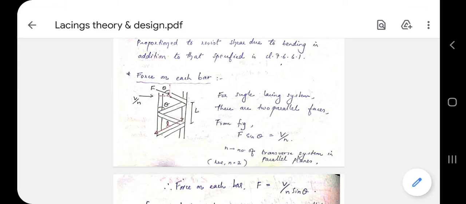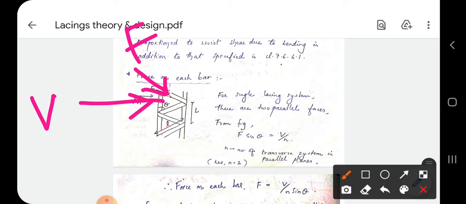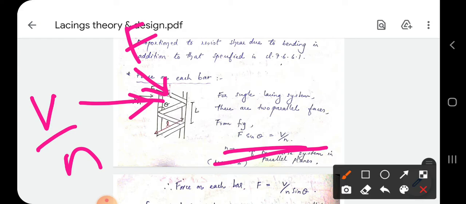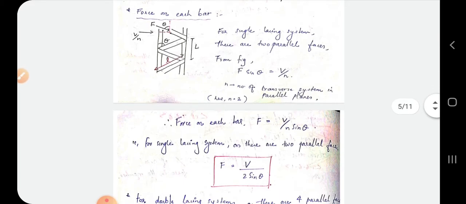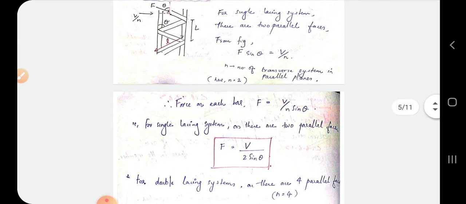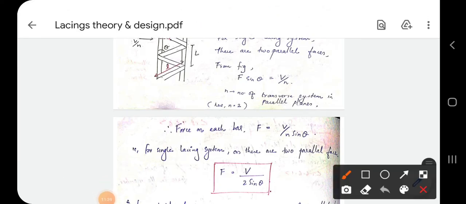Here, resolving the force in the horizontal direction, we will get V by N equal to F sin theta, where N is the number of transverse systems in the parallel planes. In a single laced system there will be two lacing bars on either side of the column, so N will be equal to 2, whereas for a double lacing system N will be equal to 4.